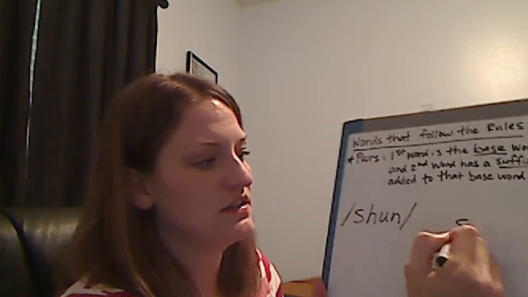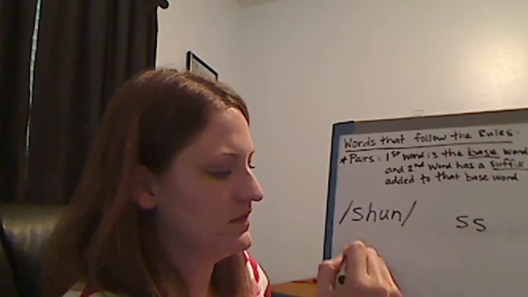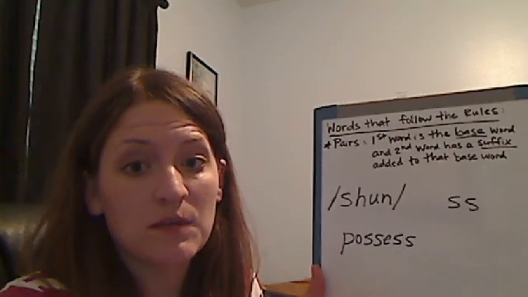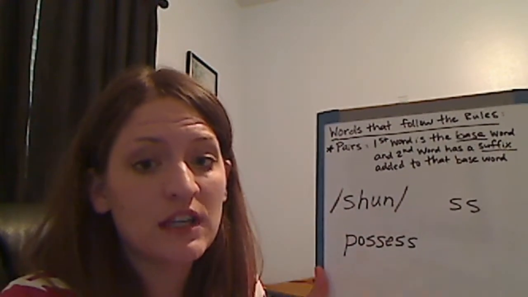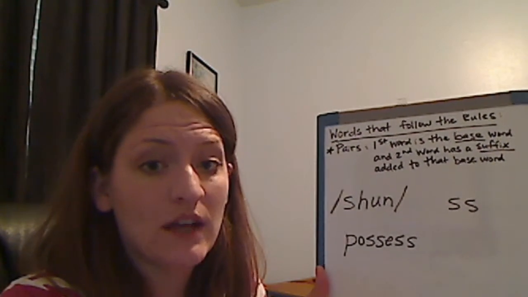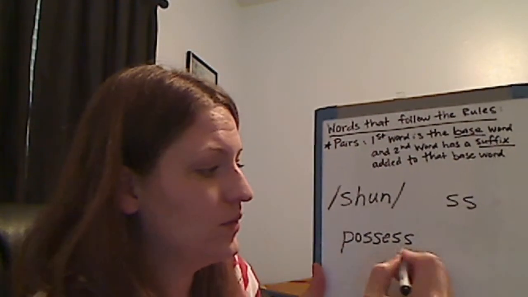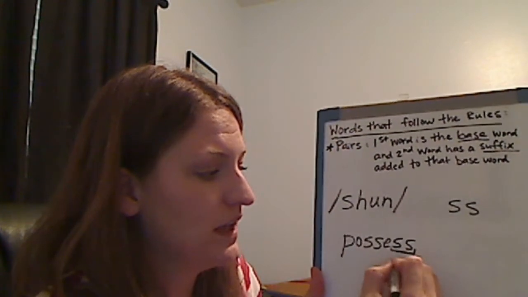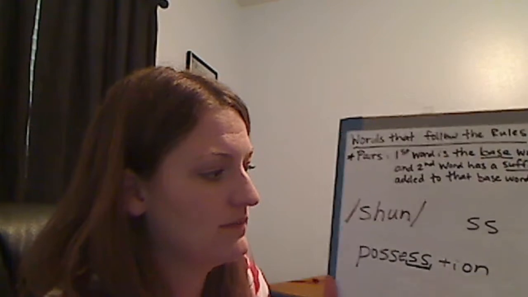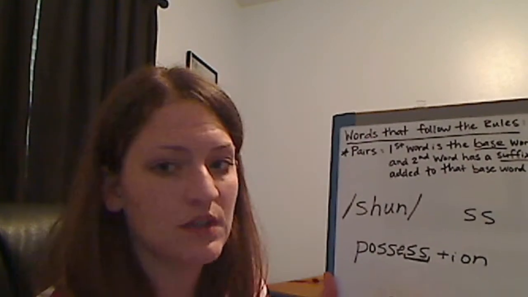Okay. Now let me show you another shun rule. If you look down your list, you're going to see words that end in S, S. The first word that I see is possess. Now, possess means you own something. We're going to turn it into a noun by adding ION, the suffix ION. So the rule is when you have SS at the end, you just add ION. Okay, you don't have to take off or do anything there.